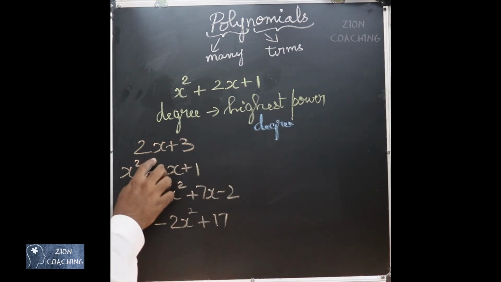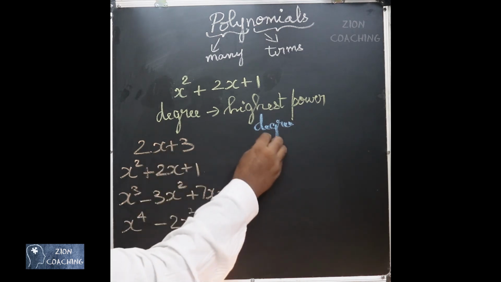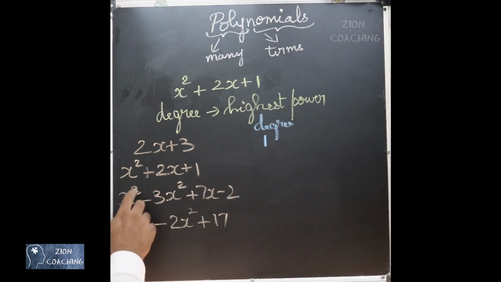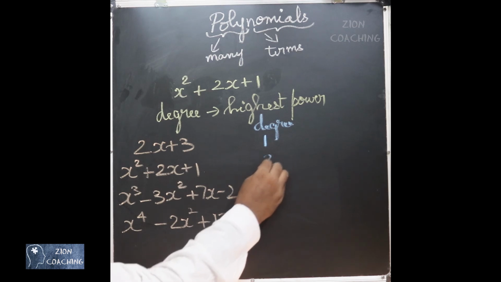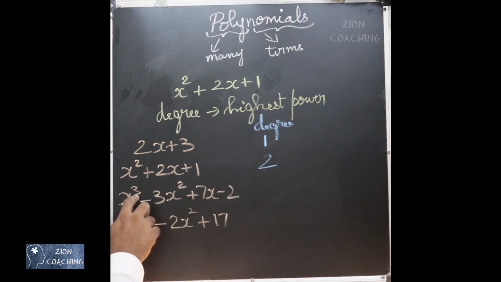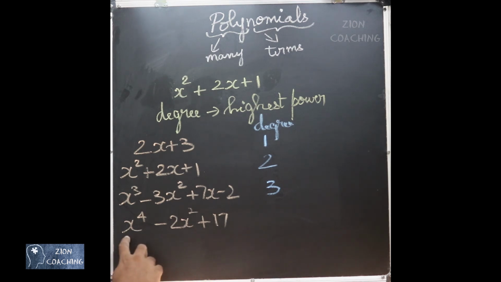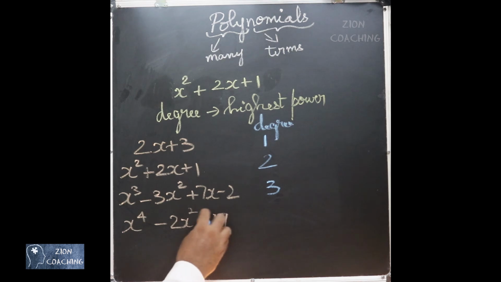In the first polynomial, the highest power of the variable is 1, so the degree is 1. In the second example, the highest power is 2, so the degree is 2. In the third one, the highest power is 3, so the degree is 3. And in this one, the highest power is 4, so the degree is 4.